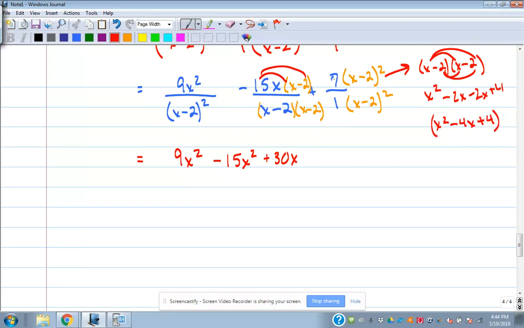But I'm still multiplying that by 7 because that's what's in the numerator of the blue fraction. So 7 times x squared, 7x squared. 7 times negative 4 is negative 28x plus 28. All of that now is over x minus 2 squared.